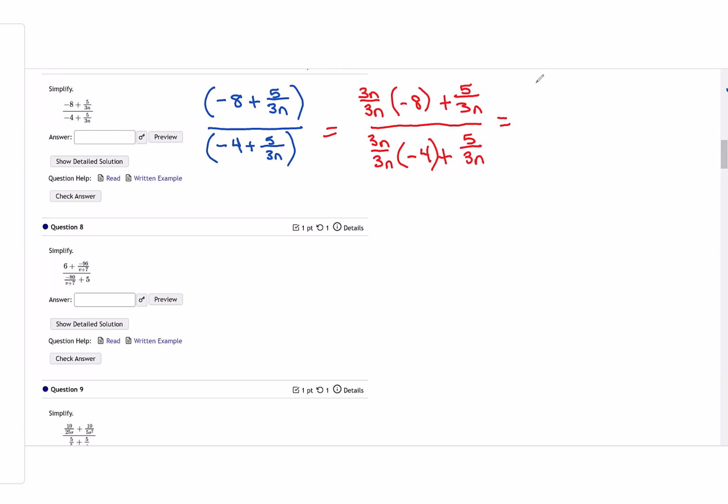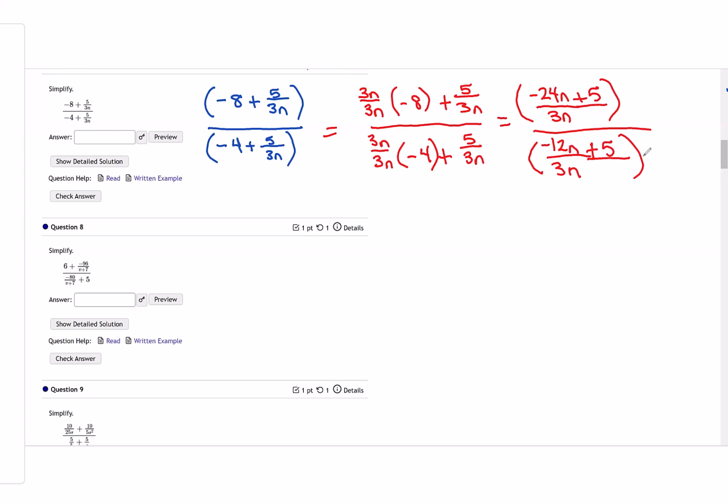Here I get -24n over 3n plus 5 over 3n. I can just combine those two fractions, divided by -4 times 3n is -12n divided by 3n, and the same in the denominator, plus 5.